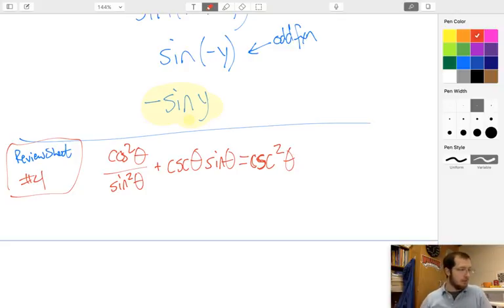Directions say verify that each of the following is an identity. Verify the same thing, same directions as proof. So this is a proof.